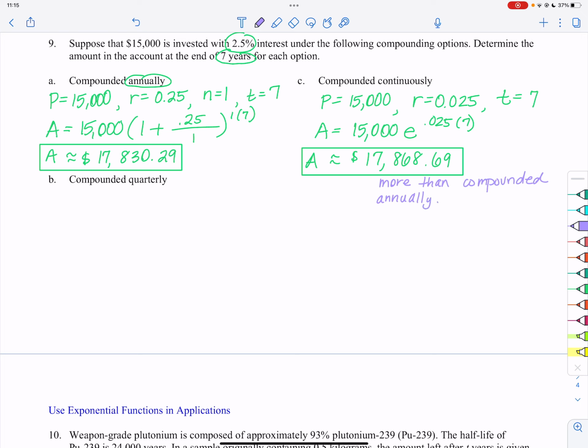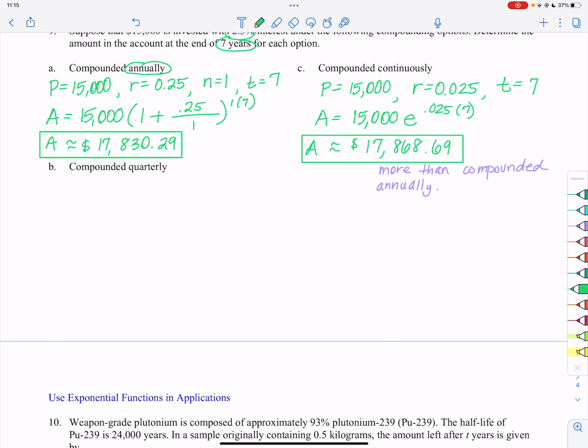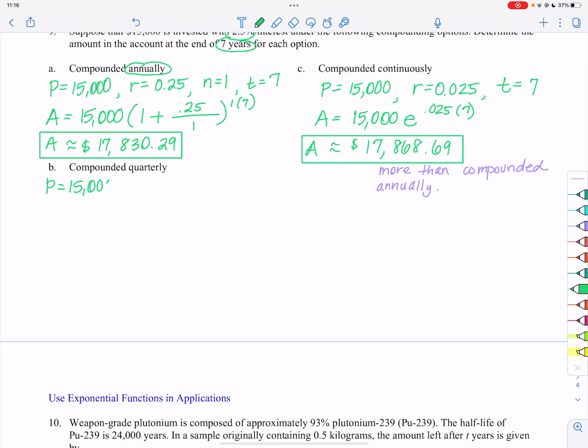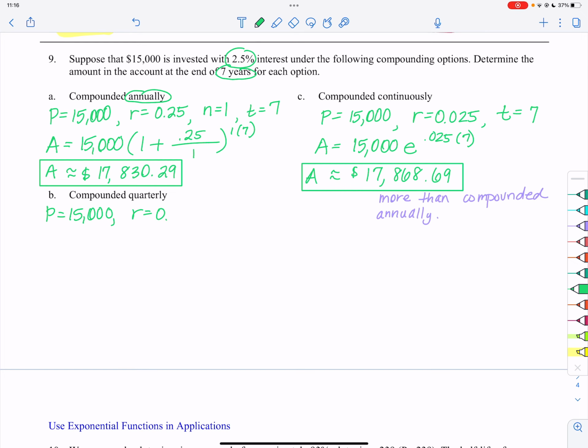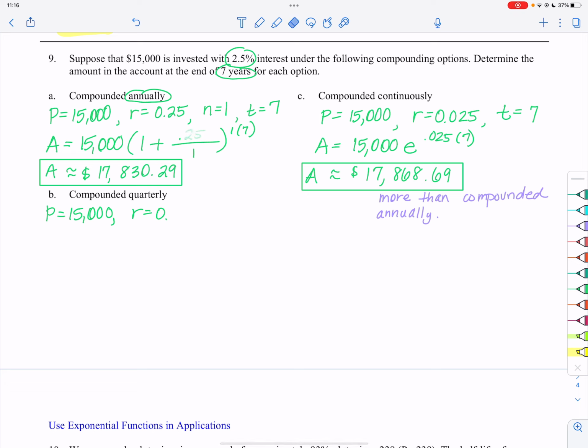Okay, so now how about quarterly? What are you thinking? Well, we still have P is 15,000. Our rate is 0.025, and I think I made a mistake here. That should be 0.025, and that should be 0.025.